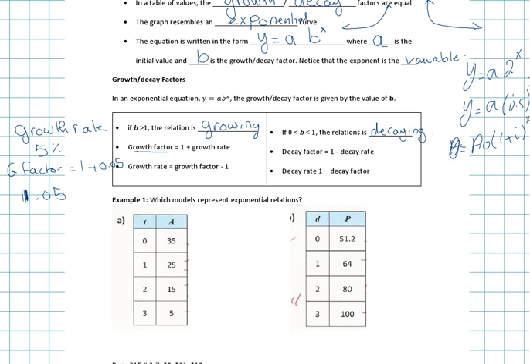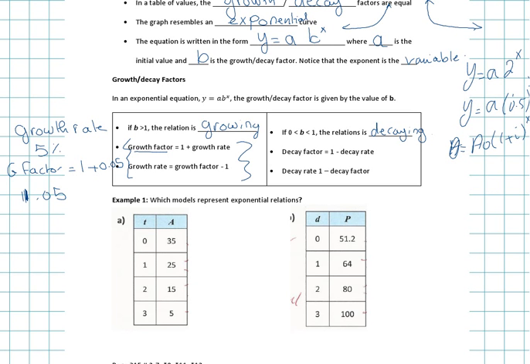So these are the formulas that you basically need to know, but you don't need to memorize them because you're going to use common sense to find them, right? Do we understand the difference between the two? So the growth rate is your percentage. The growth factor is 1 plus your percentage, but in decimal. You have to change it to decimal.